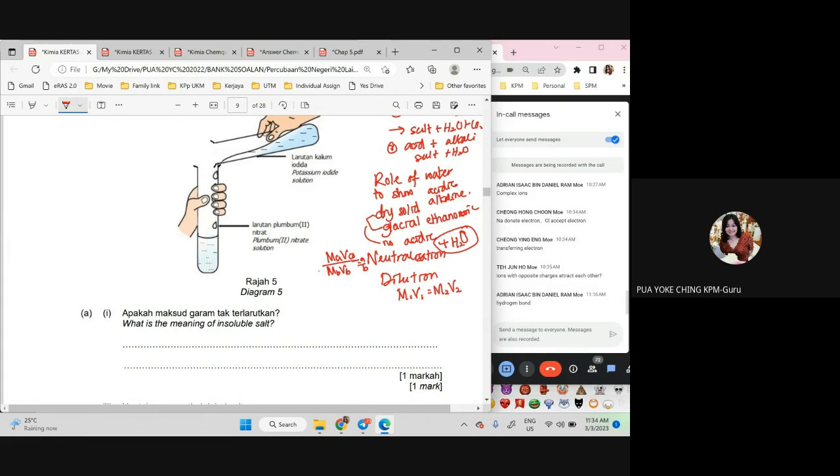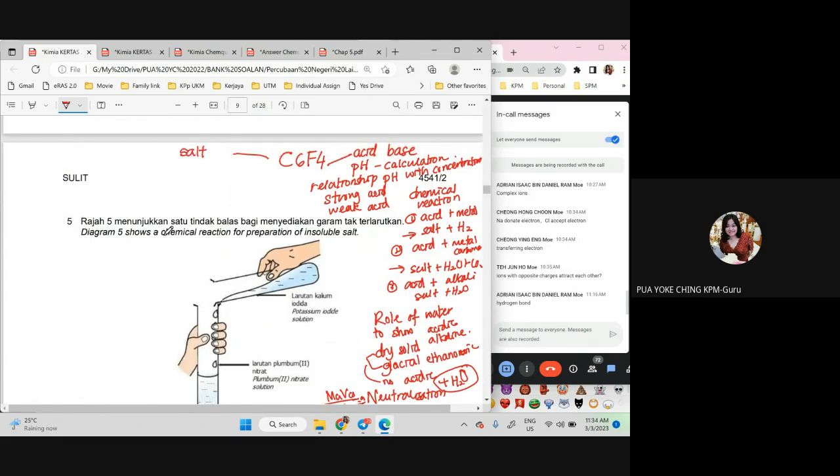Okay, and then for salt, garam, your solubility, and then your preparation of salt, and the last one is on your cation test and anion test.